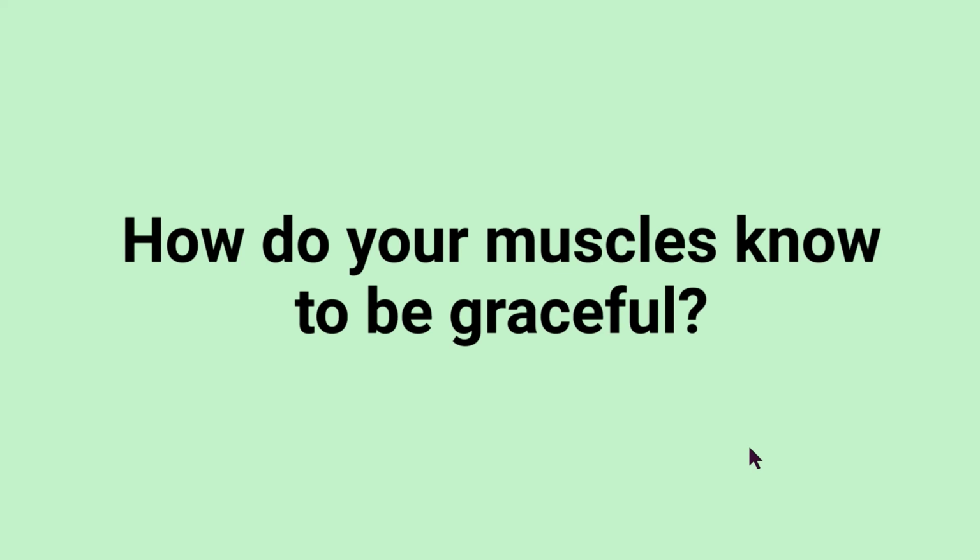Okay, so we talked about muscle contraction. We talked about how your muscles know when to contract, which was through the neurons, through the motor unit. But how do your muscles know to be graceful? I think this might be the last section that I'll be covering before I leave the rest for next time.